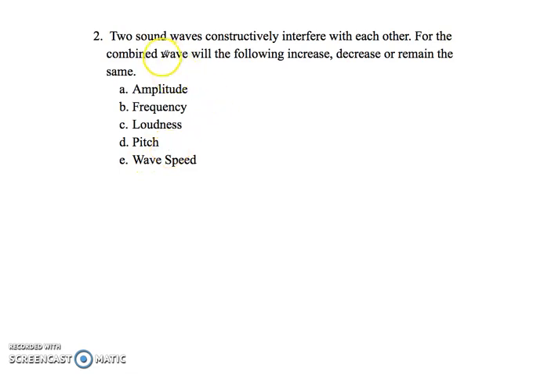Okay, so the problem's asking, we have two sound waves that are constructively interfering with each other. For the combined wave, is the following going to increase, decrease, or remain the same? What would happen is if you had waves like this that line up, the crests and the peaks line up with each other.